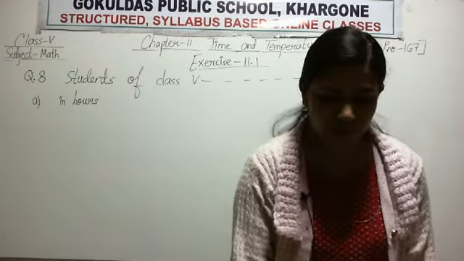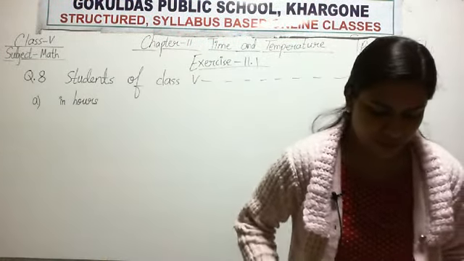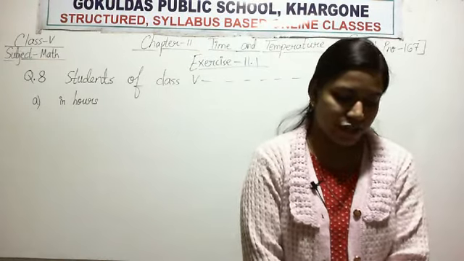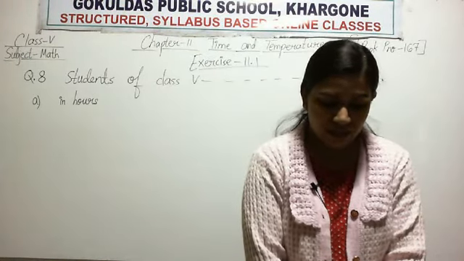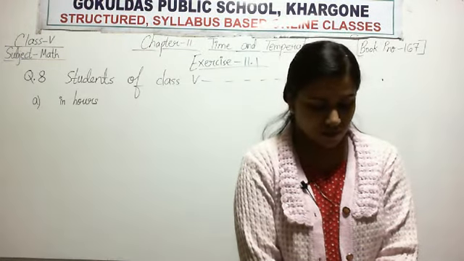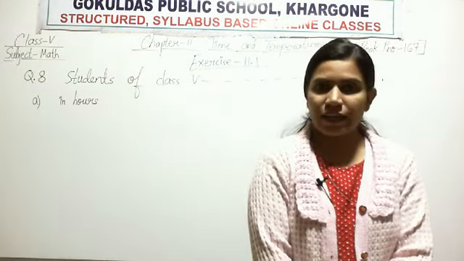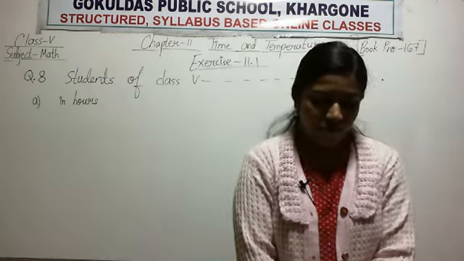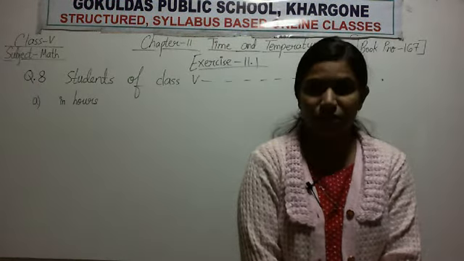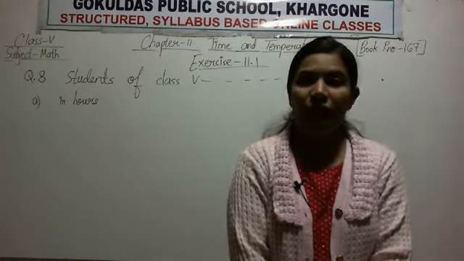Read it carefully with me and understand what it says. Students of class 5 went on an excursion for 15 days. Okay. Here the time duration given is 15 days. Find the total duration of excursion in hours.